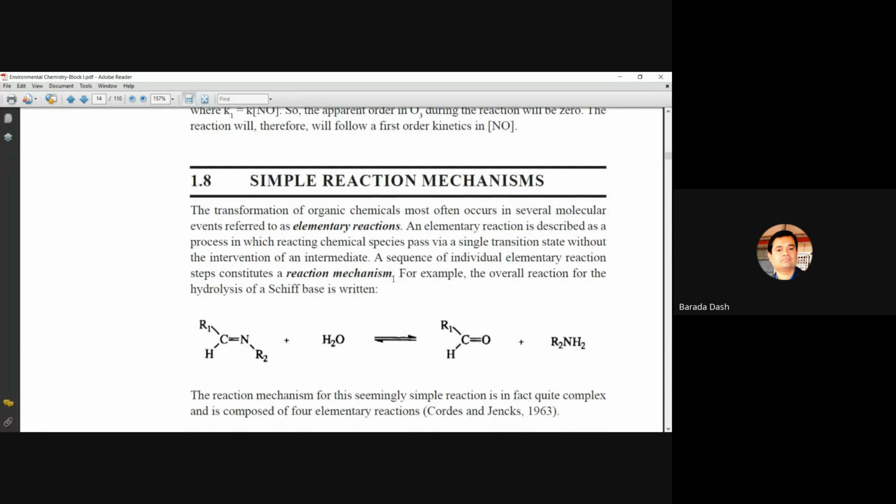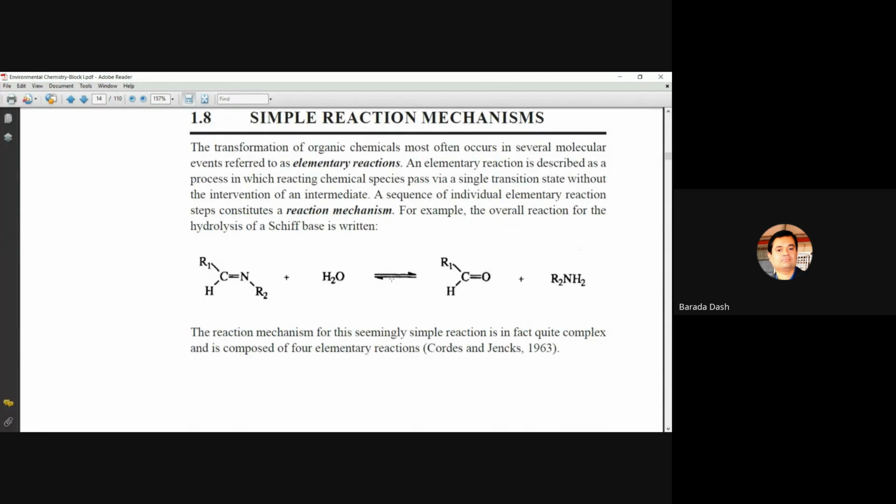Simple reaction mechanisms. Basically, the transformation of organic chemicals most often occurs in several molecular events referred to as elementary reactions. What is an elementary reaction?